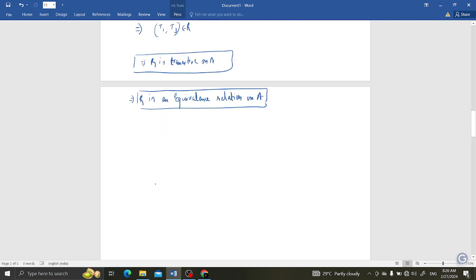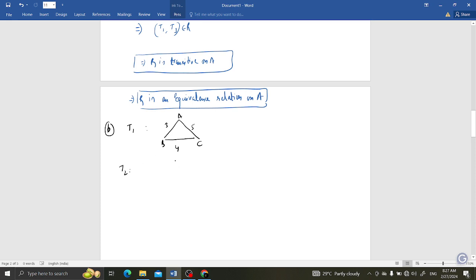Now the next thing we need to prove. The first thing was equivalence relation. The second thing is they ask about T1, T2, T3, three triangles with their sides, and which of them are related to each other. The B part of this question: they give T1 with vertices A, B, C and sides 3, 4, 5.